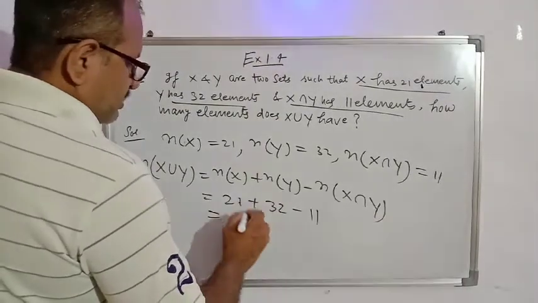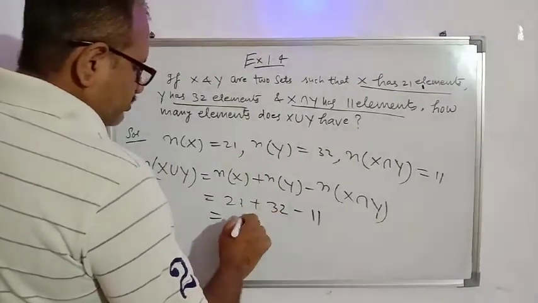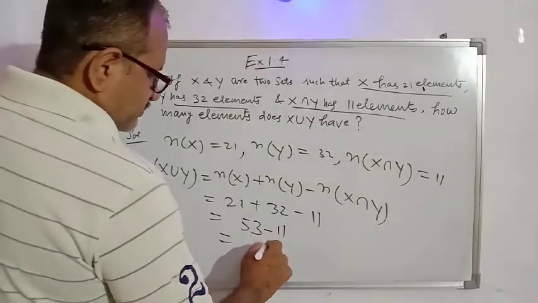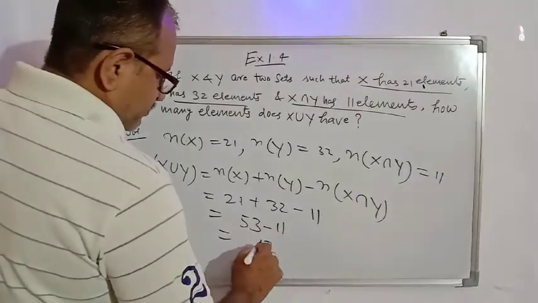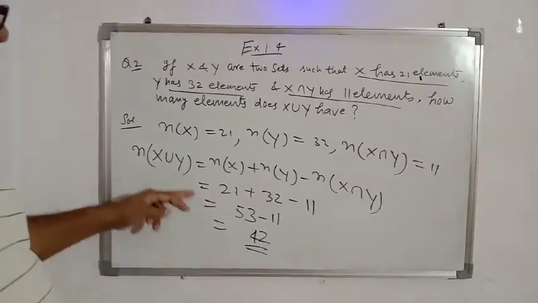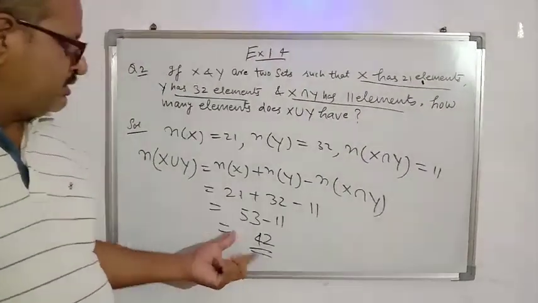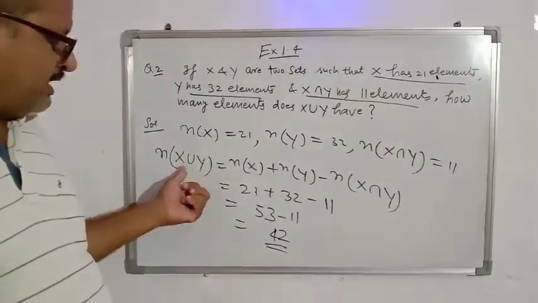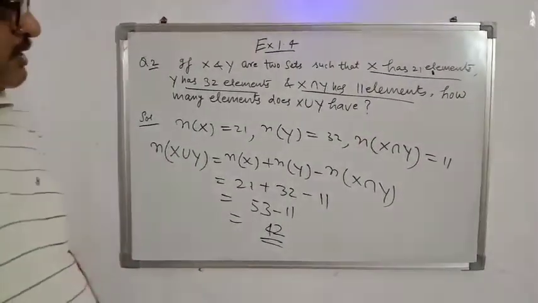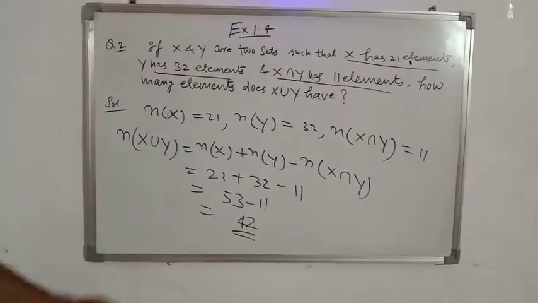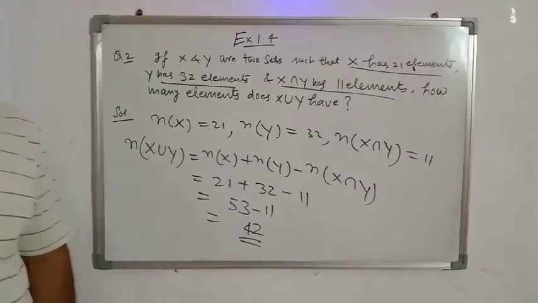Add it: 1 plus 2, 3; 2 plus 3, 5; 5 minus... 53 minus 11, 42. So cardinal number of X union Y is 42. Using this relation, we can find X union Y. So it was question number 2 of exercise 1.4.